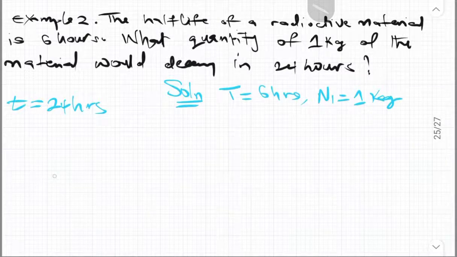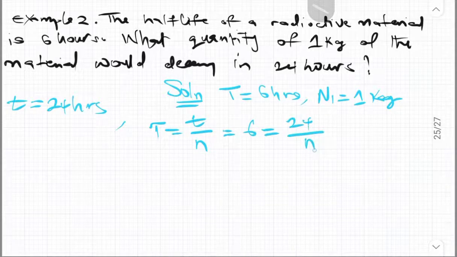First, let's try to see the number of half-lives here, because we know that small t is equal to capital T times the number of half-lives. So capital T is 6 and small t is 24, so the number of half-lives would be 24 over 6, which is 4.